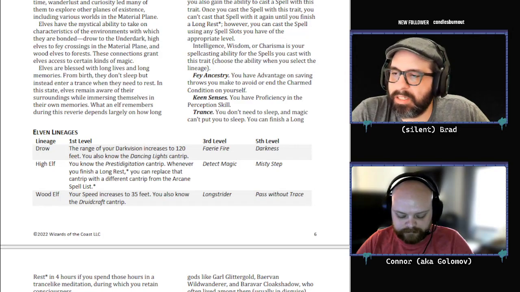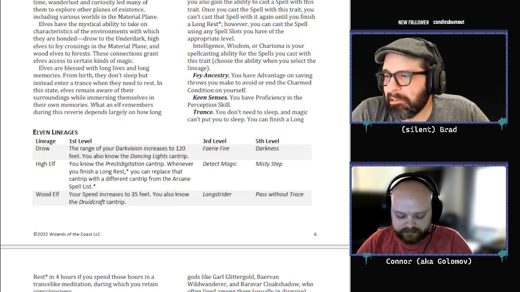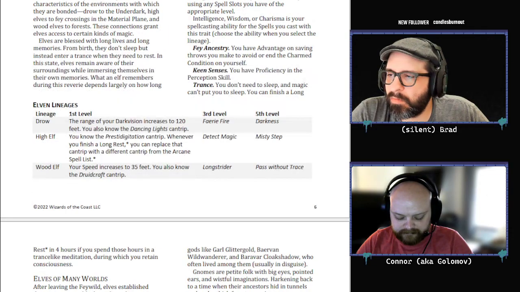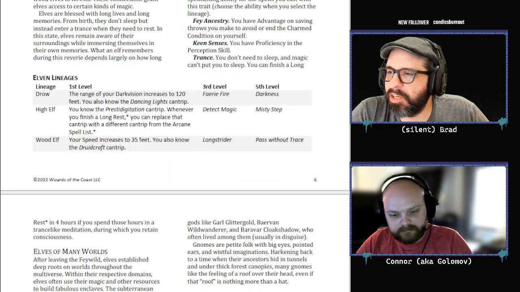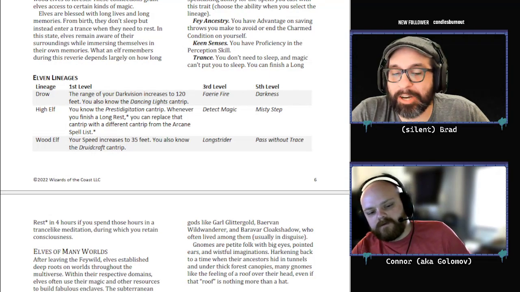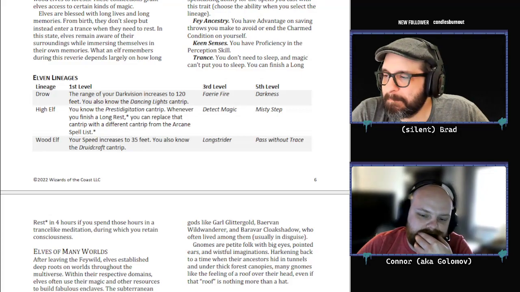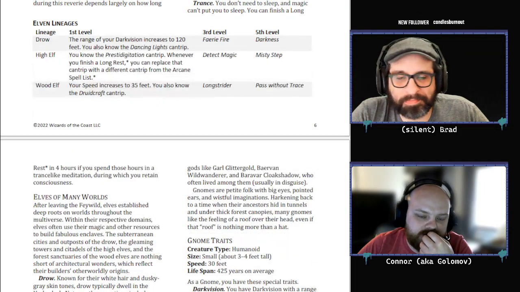Detect Magic, Misty Step are good. Druidcraft is situational. Longstrider, Pass Without Trace, nothing too great for the wood elves. Basically you want to go with drow or high elf if you're looking to power game as an elf. I don't know.